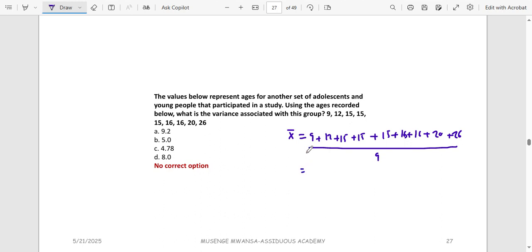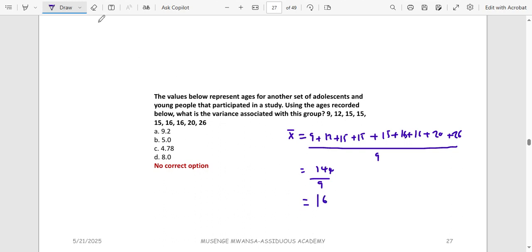So let me do that. 9 plus 12 plus 15 plus 15 plus 15 plus 16 plus 16 plus 20, and then plus 26. That's 144. Divide that by 9. So that is going to give us 16.